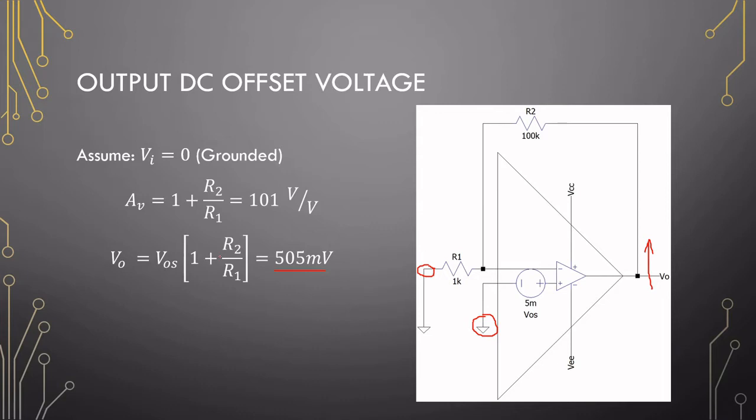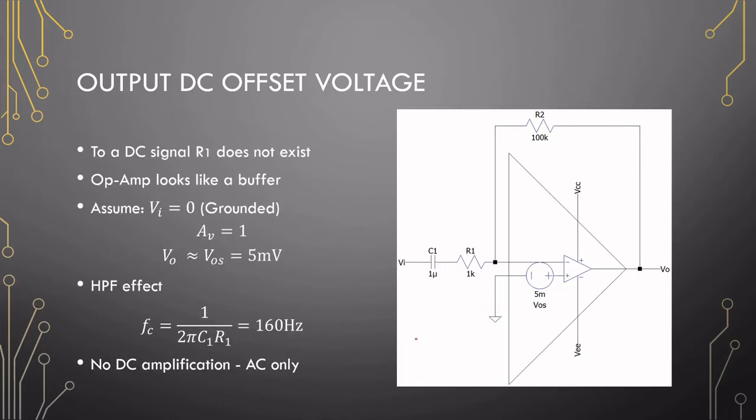So how do we get rid of this DC offset right here? The first thing is, this is all due to the amplification. So if we can get the amplification out of the equation, we will be kind of set. If we add a capacitor on the input here, DC can't flow that way. So in terms of a DC source like this, resistor 1 and the capacitor aren't there, they don't exist.